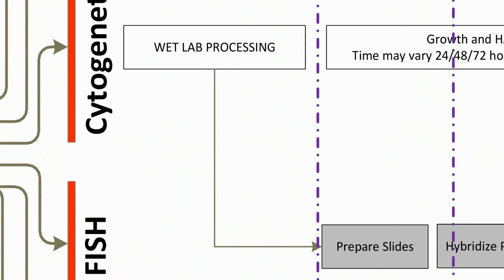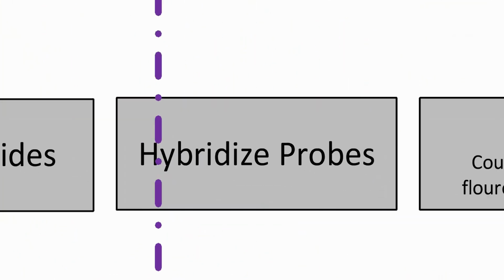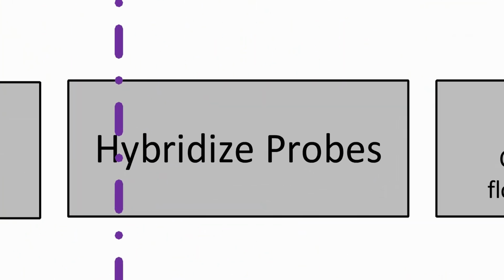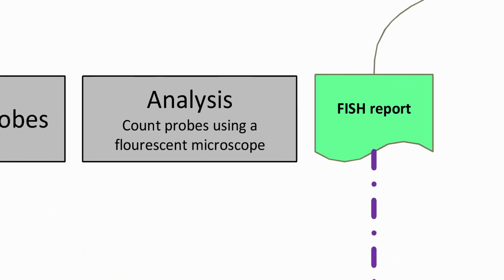From there, FISH prepares slides, separates DNA bonds, then sends probes on a quest for their targeted sections of DNA called base pairs. Probes attach themselves, and you have DNA that is tagged by a probe. They are then analyzed by essentially counting the probes using a fluorescent microscope, and that is FISH in a nutshell.